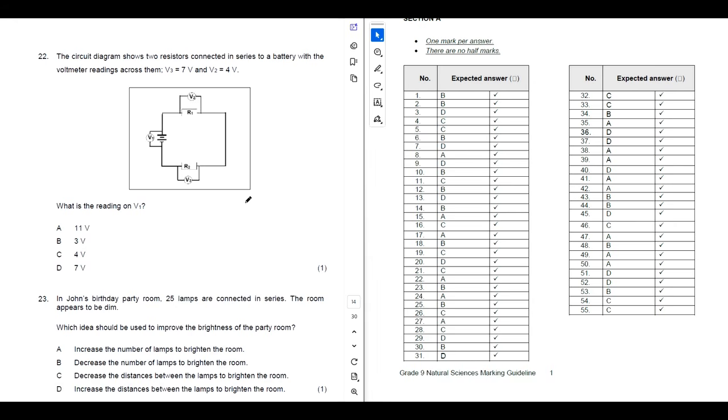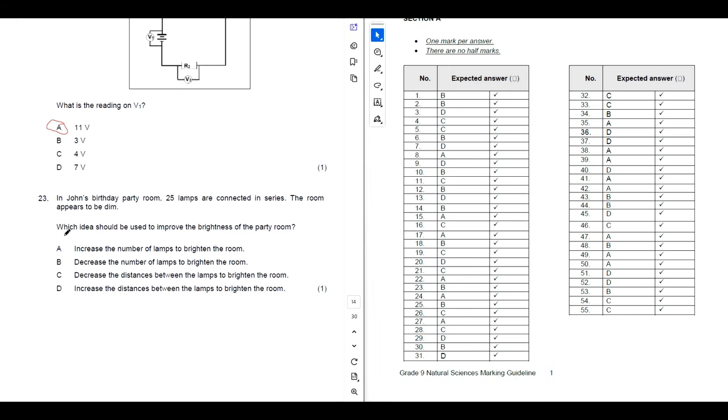Our question here is: what is the reading on V1? And we can see that the reading on V1 will be 11V, which is A, right?